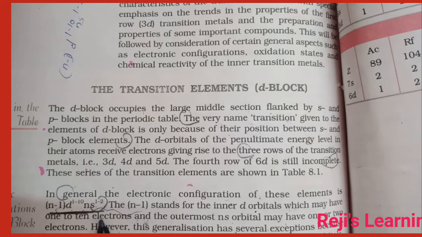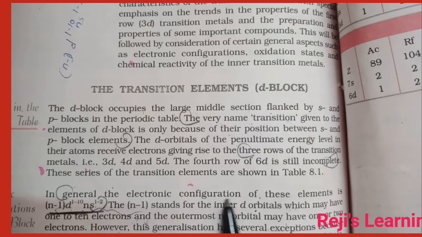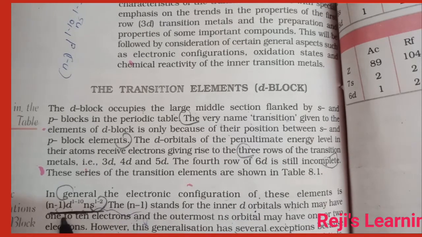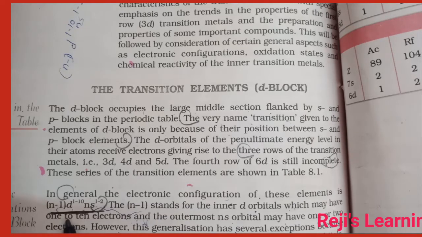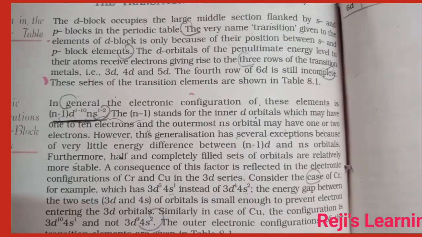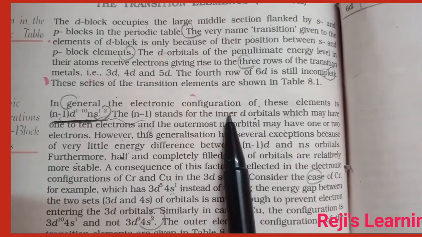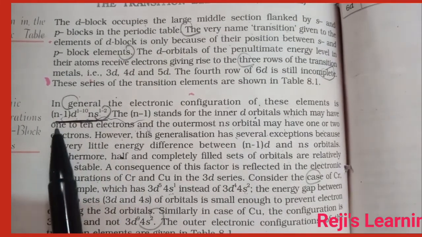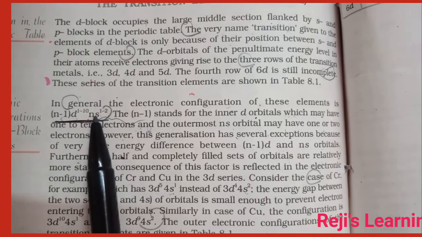The general electronic configuration of these elements is (n-1)d 1 to 10 ns 1 to 2.